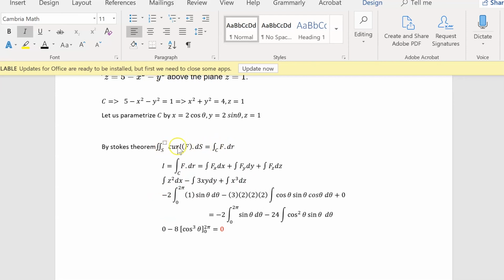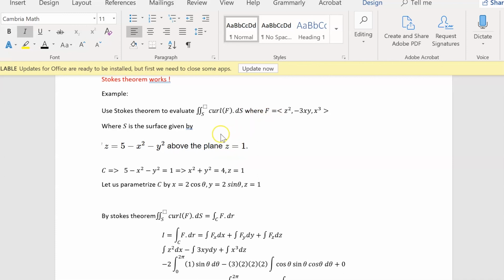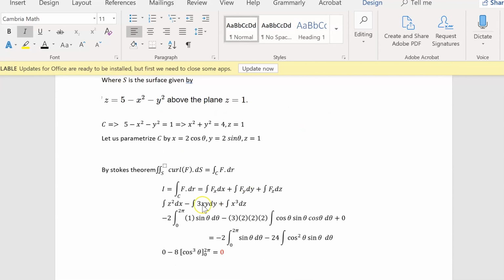We know that the flux of the curl is equal to the line integral of F across the boundary curve, and we know that the boundary curve is given by x squared plus y squared equals 4 and z equals 1, the circle. F we know is given by z squared, minus 3xy, and x cubed. So it will be z squared dx minus 3xy dy plus x cubed dz.